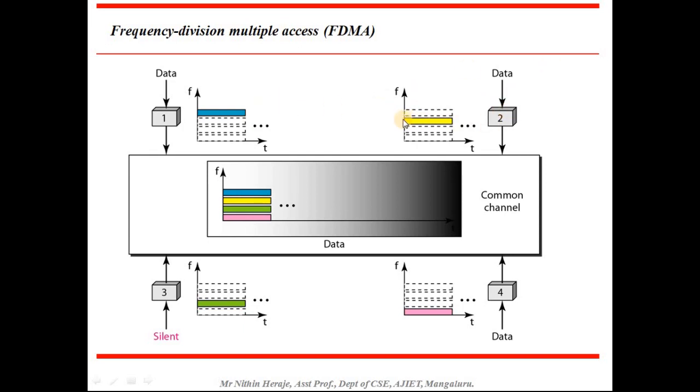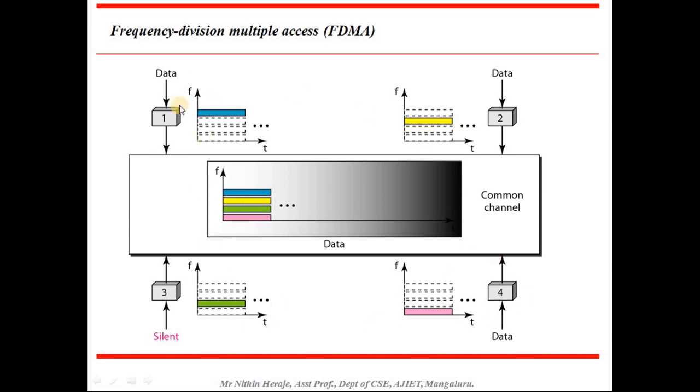For station 2, this is the frequency range with the yellow color, okay, where it can send data at any time at this particular band. For station 3, this green color is the band that has been reserved. So at any point of time, it can send the data. And station 4, it has this band, okay, where the frequency is here. So this is the range of the frequency for station 4 to send the data.